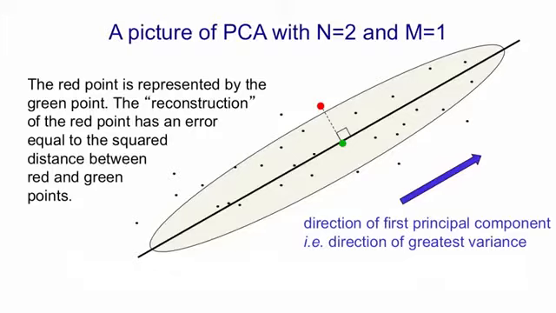That is, we'll have lost the difference between the data point and the mean value of all the data in the direction we're not representing, which is the direction of least variance. And so we'll obviously have minimized our loss if we choose to ignore the direction of least variance.